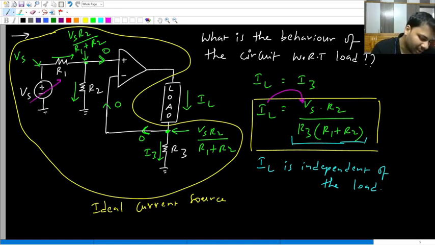So if you vary this Vs, it will directly affect IL, the current flowing through the load. So one voltage is controlling another current. That is why it is a voltage controlled current source. So as you rightly said, it is a voltage controlled current source. In this way, for any given circuit, you should be able to decide how the circuit is going to behave with respect to the load. Okay.